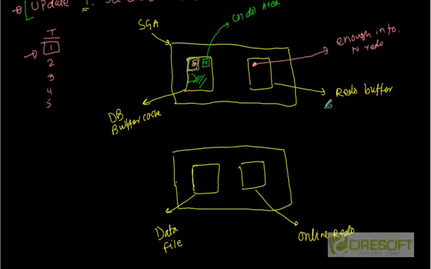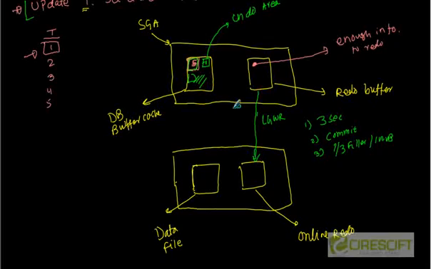Notice that every 3 seconds, or if somebody gives a commit, or if the redo buffer is 1/3 filled or 1 MB full, whichever is sooner, the log writer, LGWR, is going to write from the redo buffer to the online redo log file.